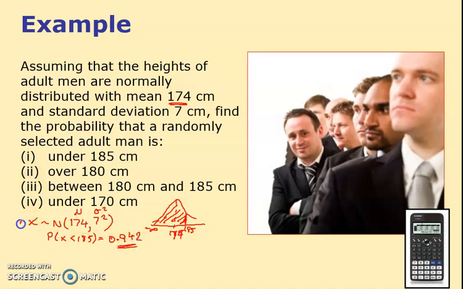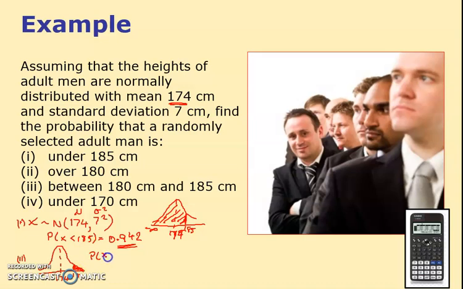Part 2. So that's part 1. Part 2. Over 180. So it's basically the same question, just slightly different picture. It might be wise to draw the picture every time. 174. It says over 180. 180 is over here still. But this time I want it to be bigger. So this is exactly the same.